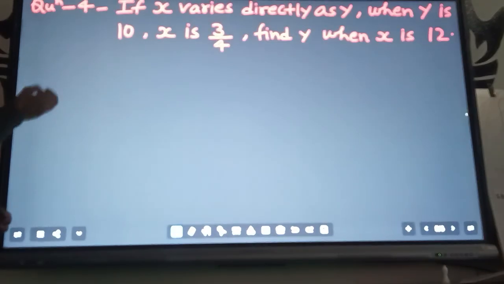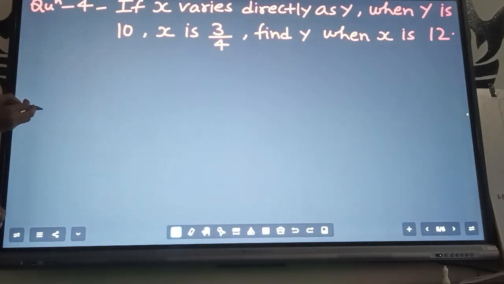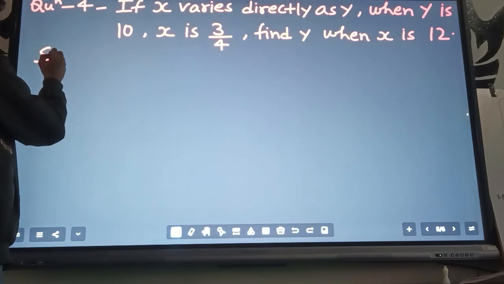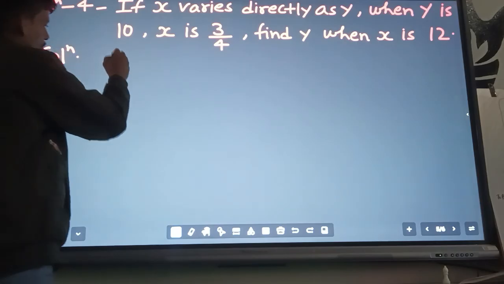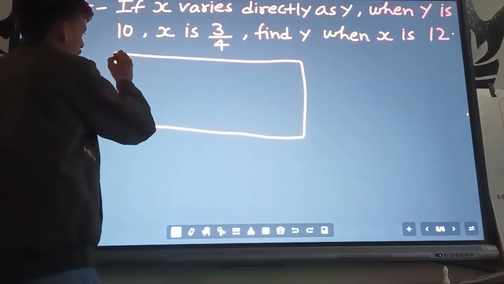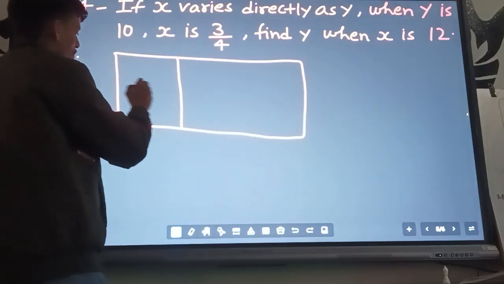Now our next question: if x varies directly as y, when y is 10, x is 3 by 4, find y when x is 12. We will make a column of x and y.